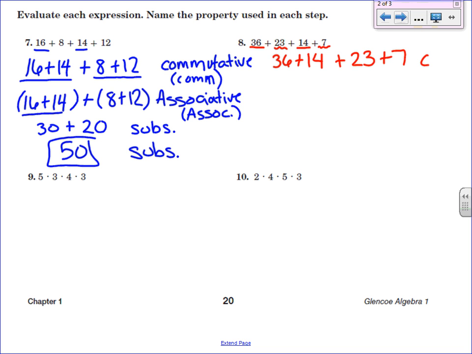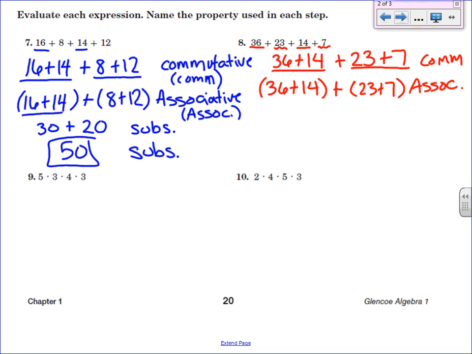And that's the commutative property again. Now I want to do the 36 plus 14 separate from the 23 plus 7. So I'm going to put them in parentheses. And that's the associative property that says I can do that.